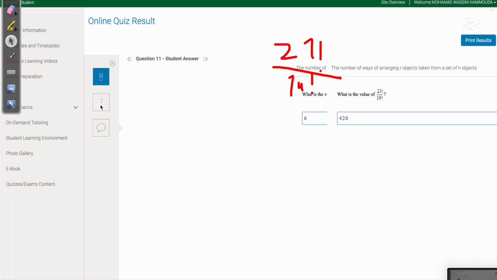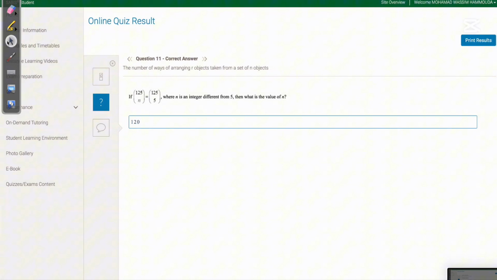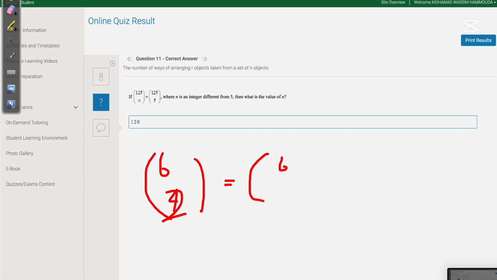Number 11. If 125 c n is equal to 125 c 5, where n is a different integer than 5. Okay, so let's say we have 6c2, which is 2 after 0. 6c2 is equal to 6c4, which is 2 numbers before 6.